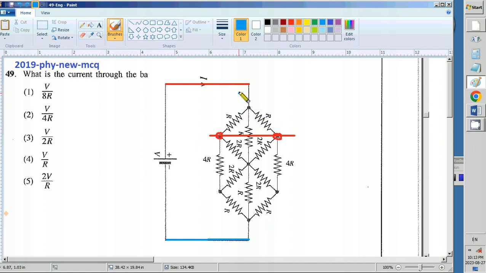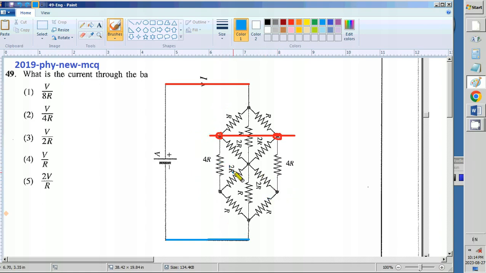Then the current coming along this line has come to this place, and it felt this value R, and it has to feel this 4R and R, the same as the right side.